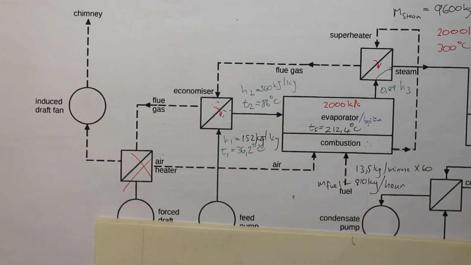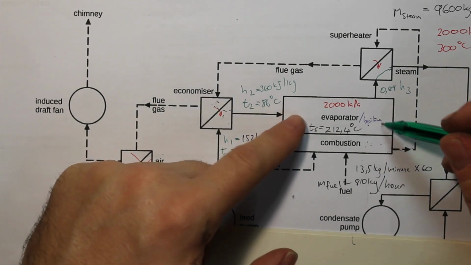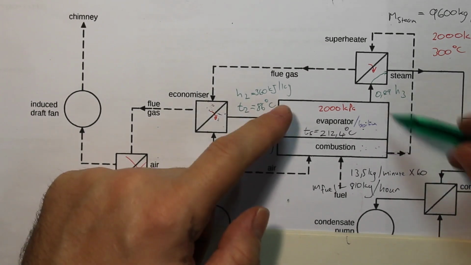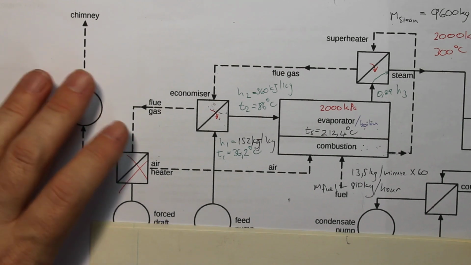So how would we find out how much heat went from the fuel to the water in the evaporator? It's the same formula again.